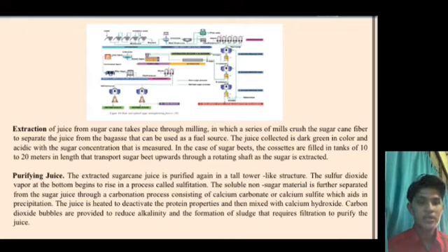The juice is heated, which deactivates the protein properties, and then mixed with calcium hydroxide. Carbon dioxide bubbles are provided to reduce alkalinity and the formation of slush that requires filtration to purify the juice.